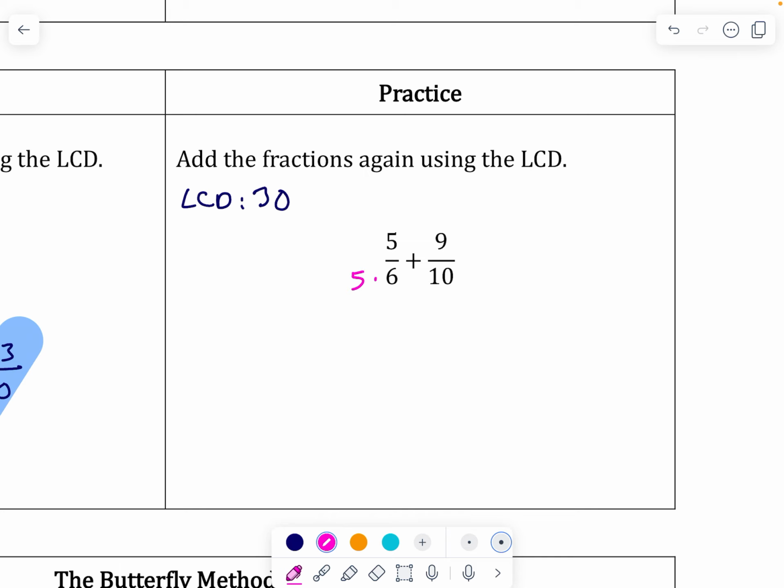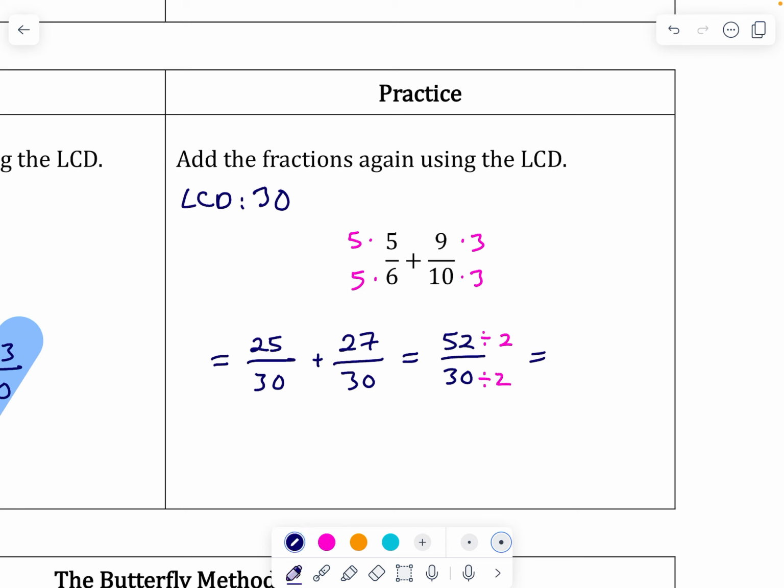We need to multiply by 5 on the first fraction to get the 30. We need to multiply by 3 on the second fraction. And this is going to give us 25 over 30 plus 27 over 30, which is 52 over 30. Now reduce. 52 and 30 are both divisible by 2, and this gives us 26 over 15, which is the answer we had before. So, good.